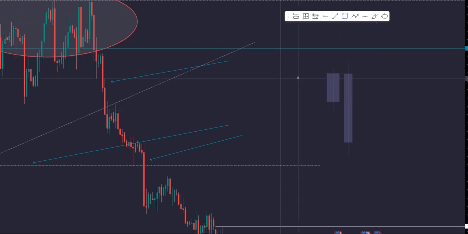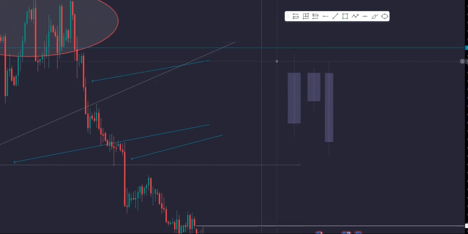Okay, let's say we are in a key level, and after this candle comes, we have a rejection. Two candle rejections, and the next candle comes and engulfs the previous ones.